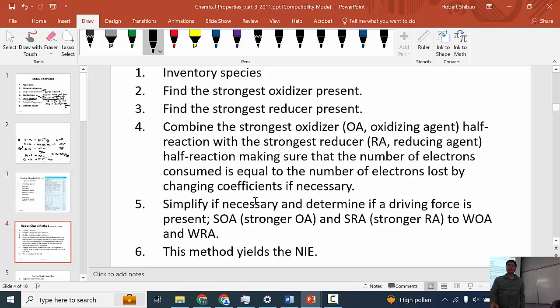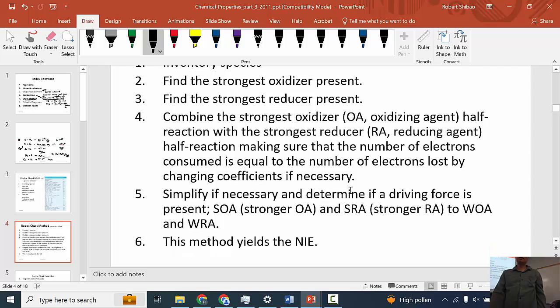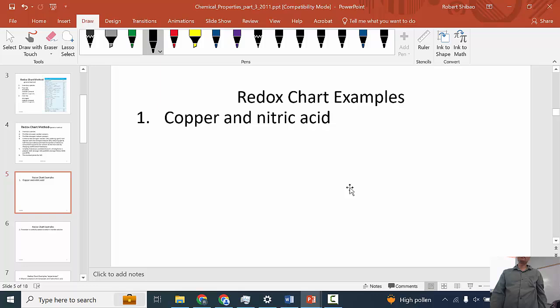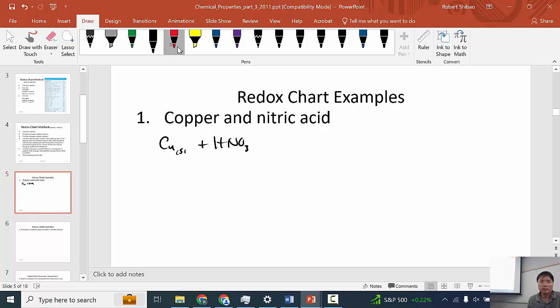And this method only yields NIE, just like the Bronsted acid base only yields NIE. And so we'll do this one first. This one, if you did this one using single replacement, you get the wrong answer. Well, you sort of get the wrong answer. So let's talk about copper and nitric acid.